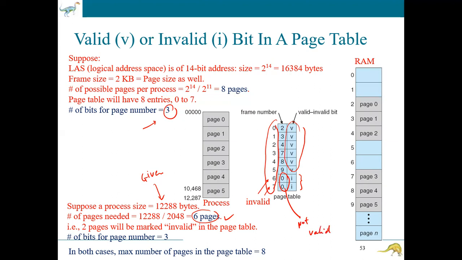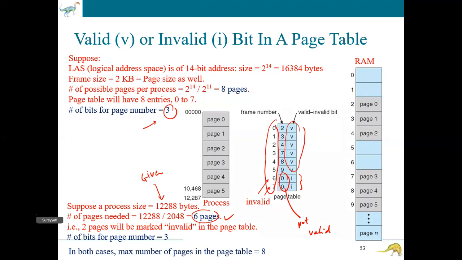You may be asking me a question: why do you allocate more than 6 in the first place, sir? You allocate only 6. So the page table size can be 6 multiplied by whatever the frame number size is, right? Isn't it? 6 or 7? Say yeah, 6. It can be 6 multiplied by whatever the frame number bits are.